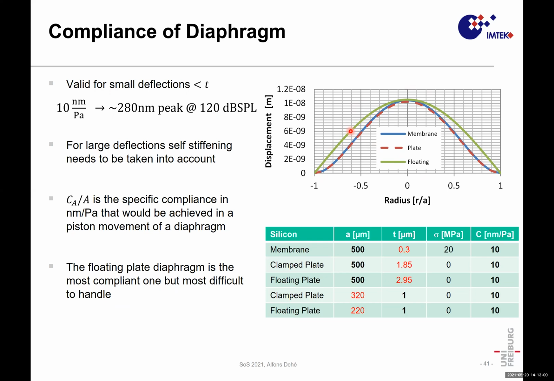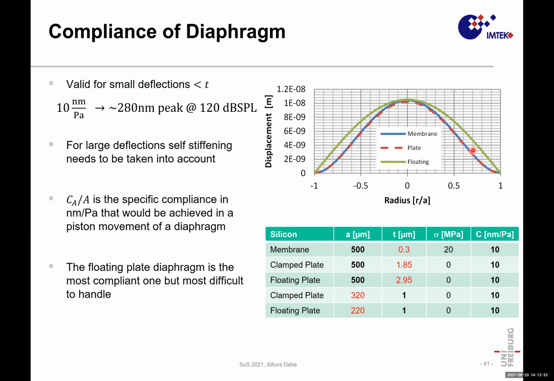So if you have a capacitive transducer, basically we want to have two plates moving parallel to each other, and not the center moving a lot and the edge a little. This is not perfect for a capacitive transduction. And there, maybe there's an advantage for the floating plate. If we compare the sensitivity, or simplify our measurement, we calculate the equivalent piston displacement.